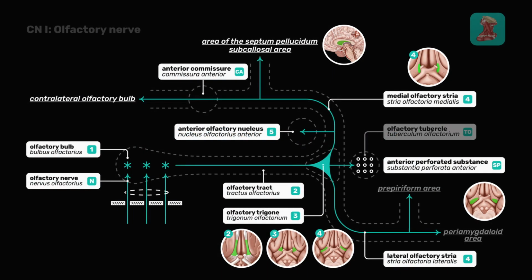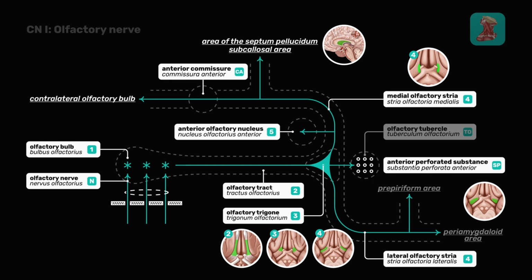Broadly speaking, the central part of the olfactory system begins with the olfactory bulb, since it is an extension of the brain, but for educational purposes, it is more reasonable to think of it as a component of the transmitting part. The lateral olfactory stria projects to the primary olfactory cortex, located deep within the temporal lobe.